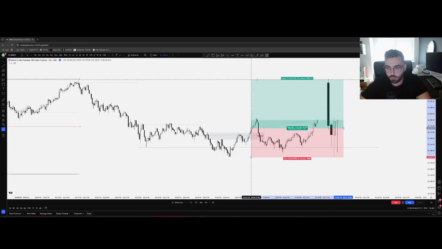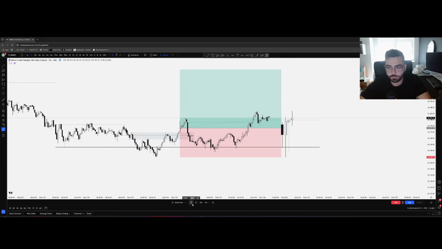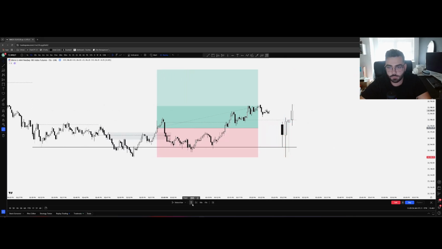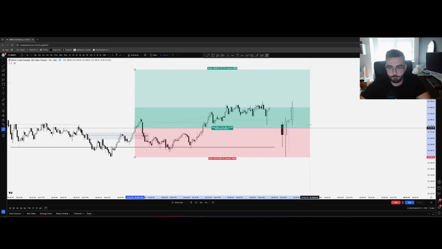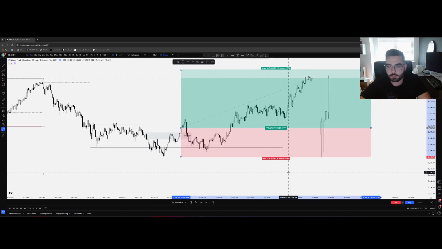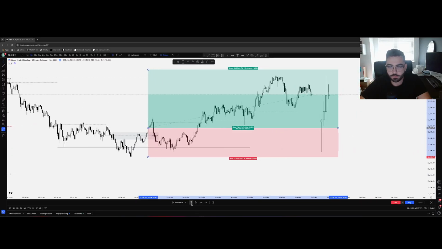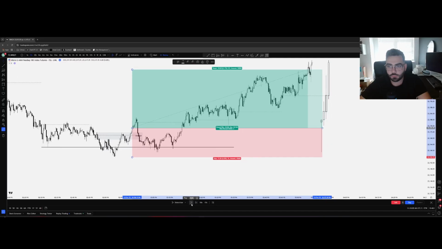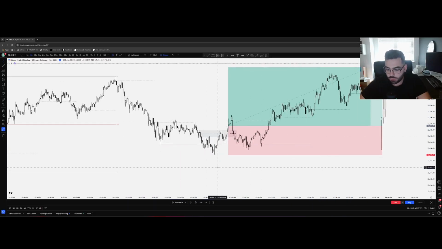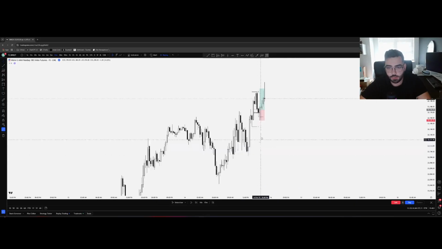Target 2R from there, which would be right here. And we can play this out. It takes some time, but nonetheless, it does eventually get there. Right there.